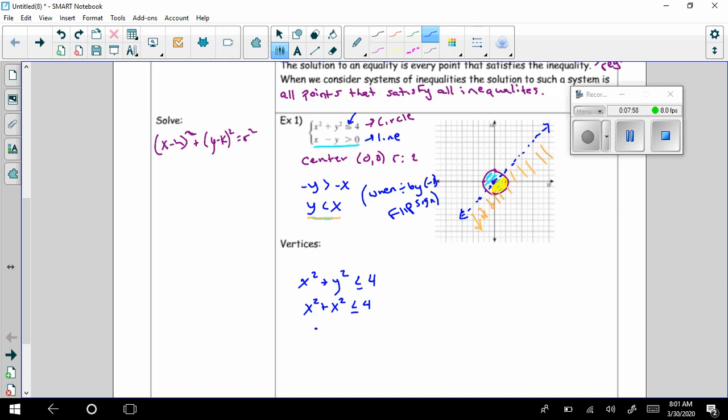So 2x squared is less than or equal to 4, so x squared is less than or equal to 2. So x, and I'm just going to say equals in this particular case, is positive or negative radical 2.